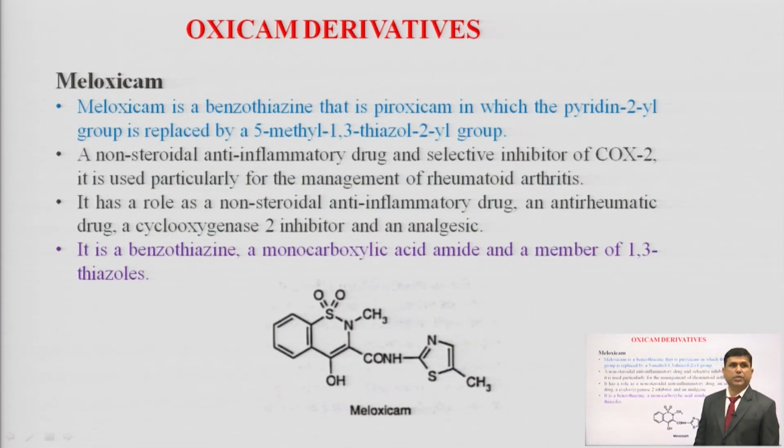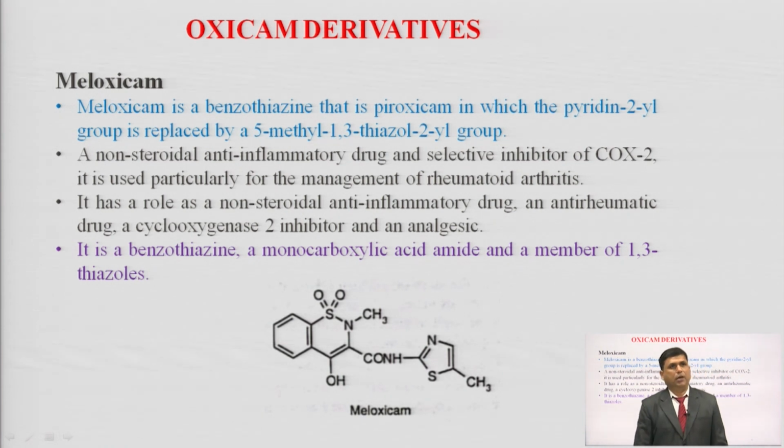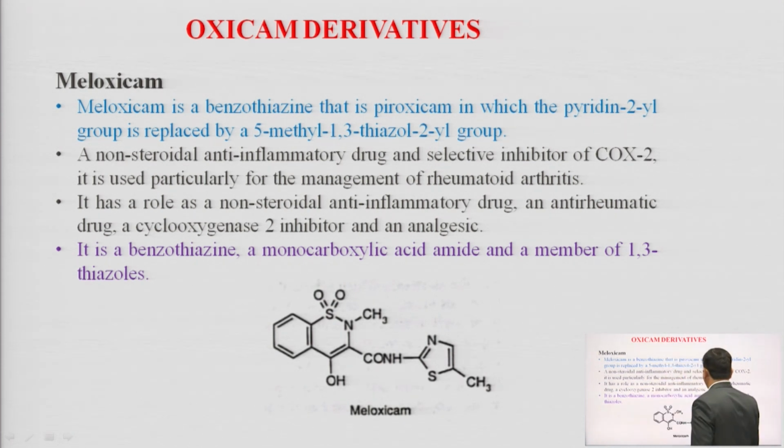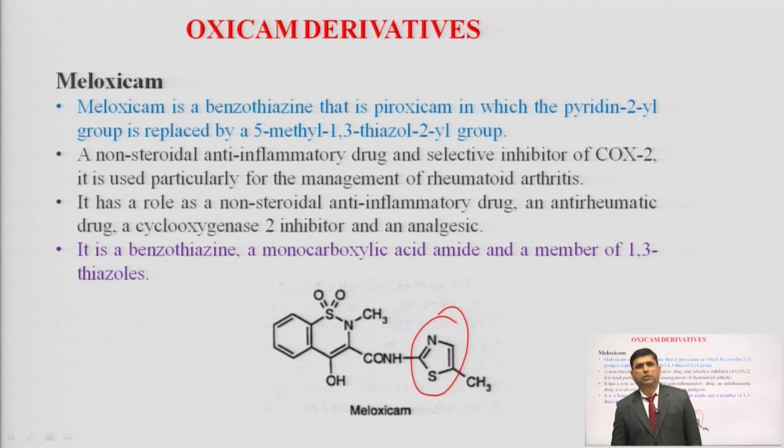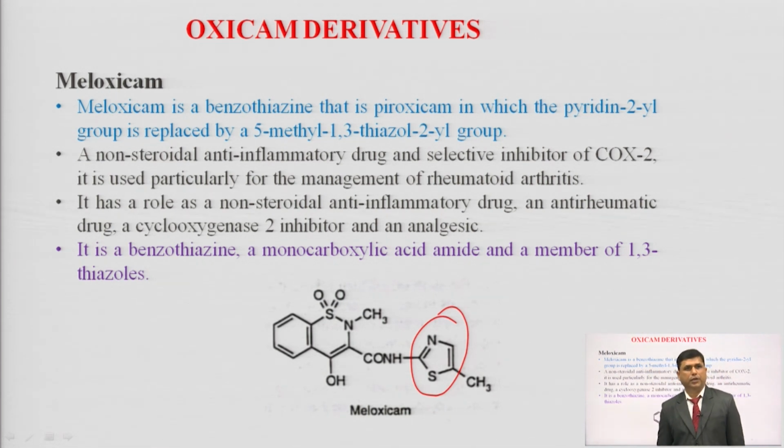Next is meloxicam, again a benzothiazine derivative. It is structurally related to piroxicam, and here the pyridine ring is replaced with a thiazole ring, basically a methyl-substituted thiazole ring, and the rest is the same as in piroxicam.